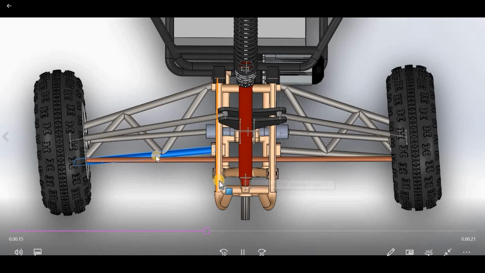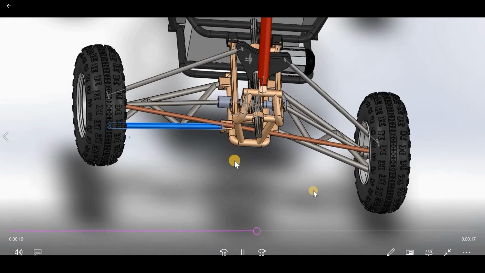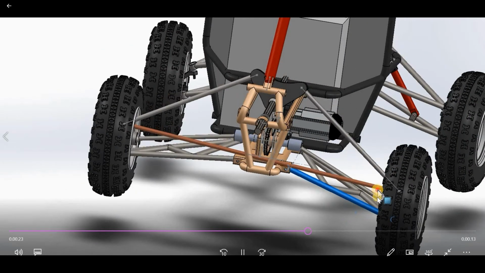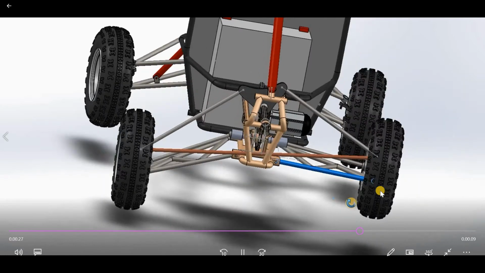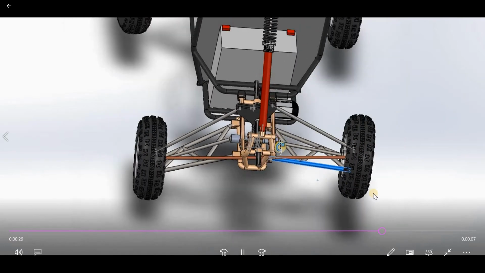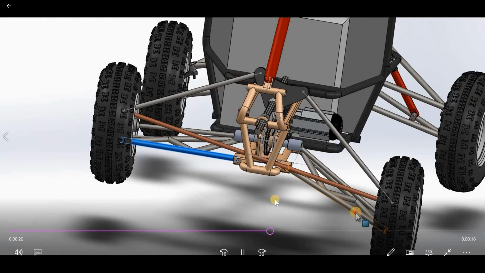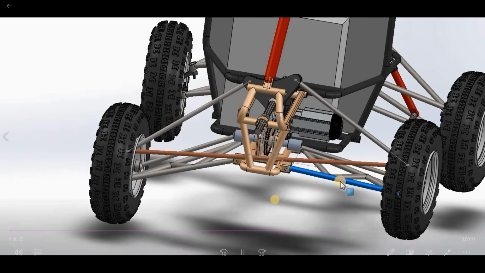Here the highlighted arm is the left one, highlighted in blue, but the analysis has been done with respect to the right one. This movement, this angle traversing, is beta, which I have defined. Let me show it once again. Yes, so this down to up movement, I have defined as beta.